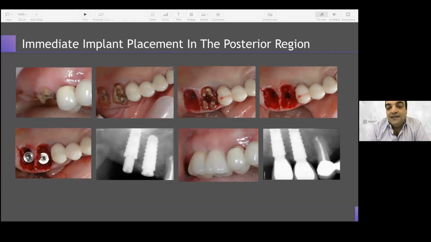It's a type C socket, but still we could manage to do our preparation with a small internal sinus lift and get our primary stability. And so we place our 2 implants with bone graft, and look at the last 2 photos. It's the result after 8 years of treatment. And look at the volume of our soft and hard tissue after 8 years.